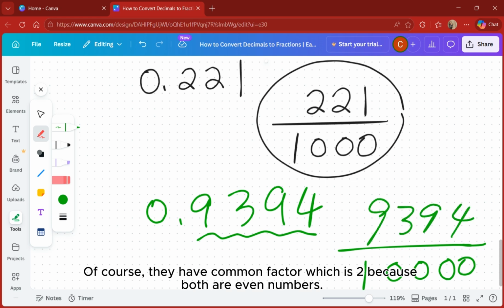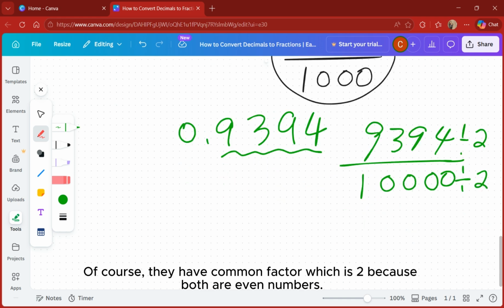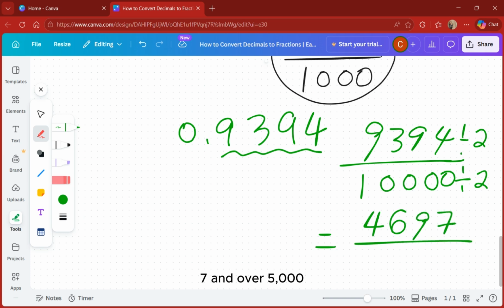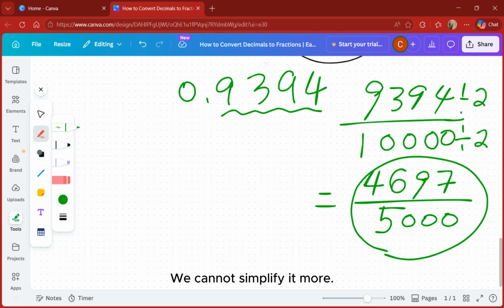Of course, they have a common factor, which is 2, because both are even numbers. So it's 1967 over 5,000. That's all. So this is also the reduced form. We can't simplify it more.